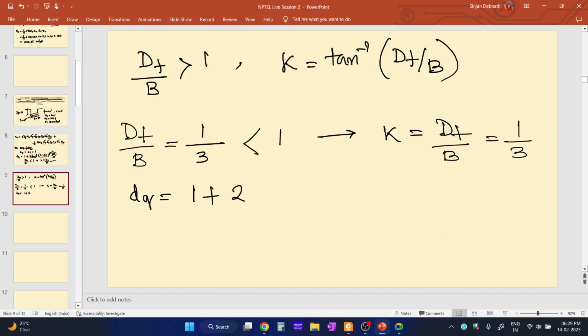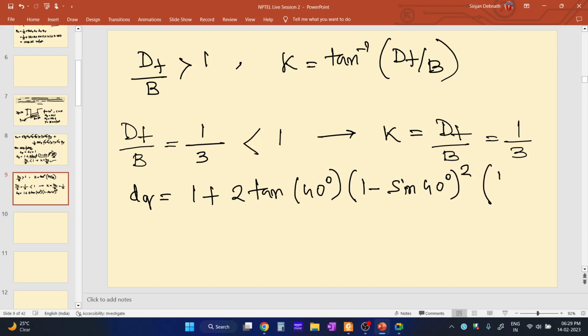So 1 plus 2 into tan of 40 degrees into (1 minus sine of 40 degrees) square into 1 by 3. Now if we solve this, we will get dq is equal to 1.07.